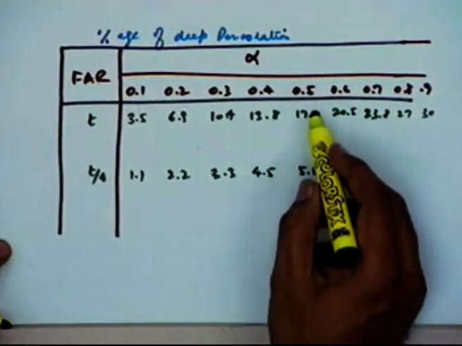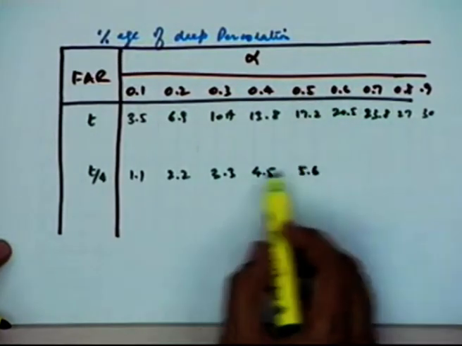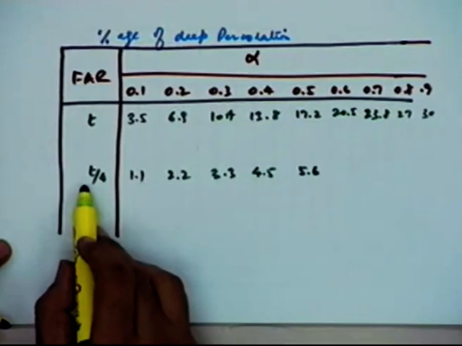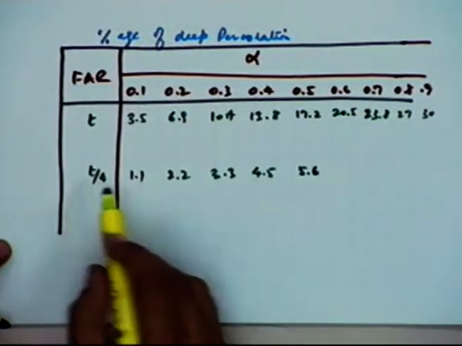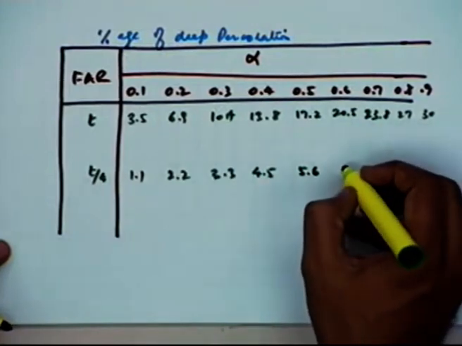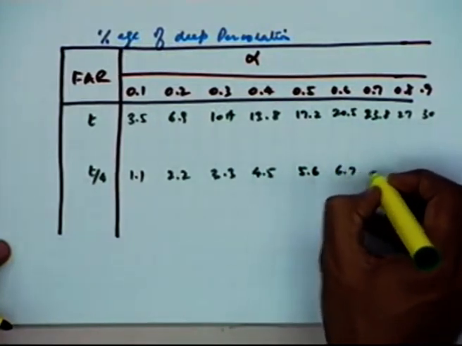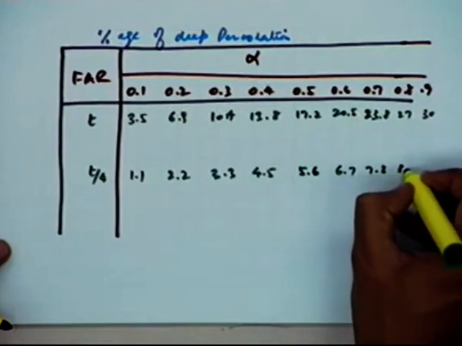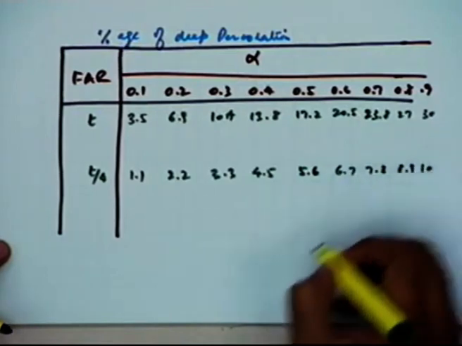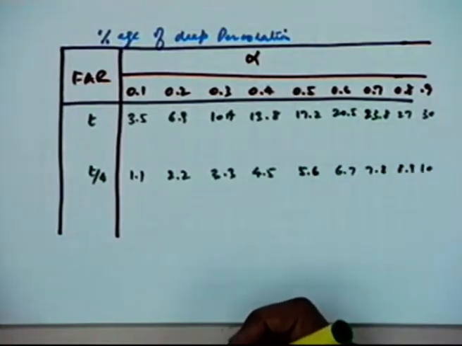That is what we have analyzed for alpha equal to 0.5 and a FAR ratio of 1 by 4, and then 6.7, 7.8, 8.9 and 10%.